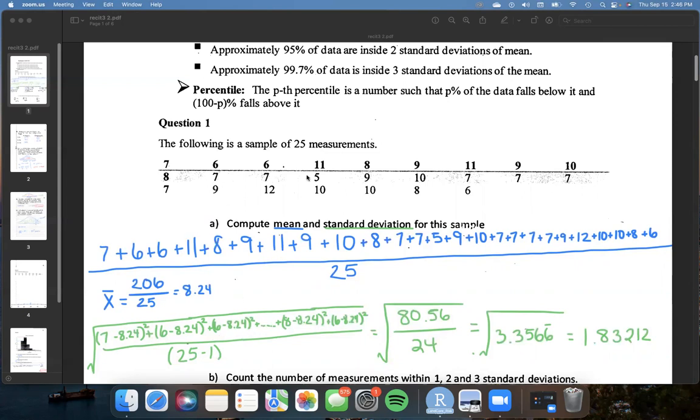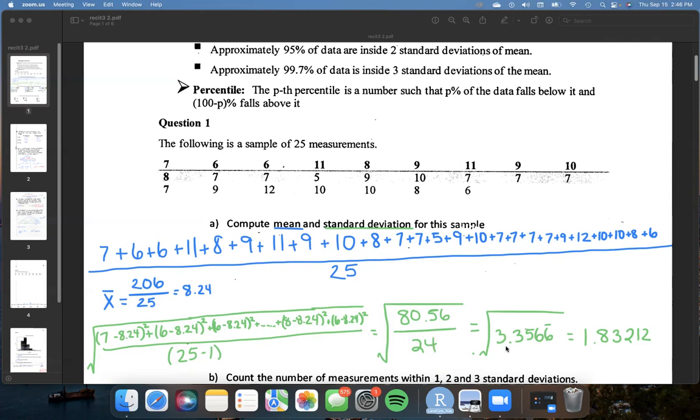And we're going to do that for all the different numbers. And then our last two numbers are 8 minus 8.24 and then 6 minus 8.24 squared. And then we're going to divide that by 24. So when you plug this into your calculator, the numerator should simplify to 80.56. And then we're going to divide that by 24 and take the square root.